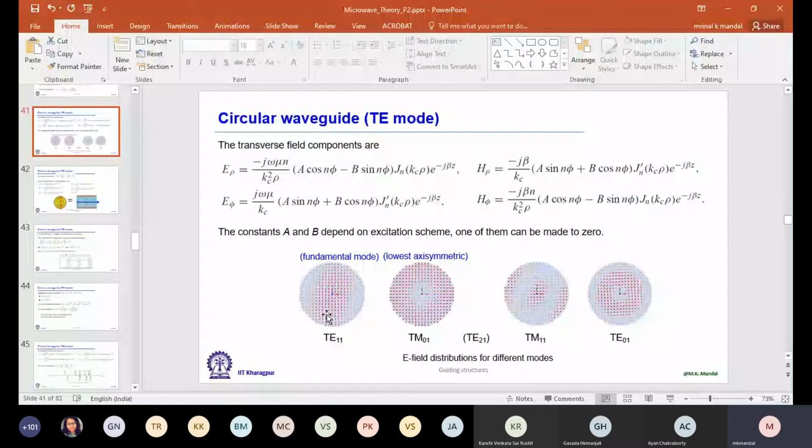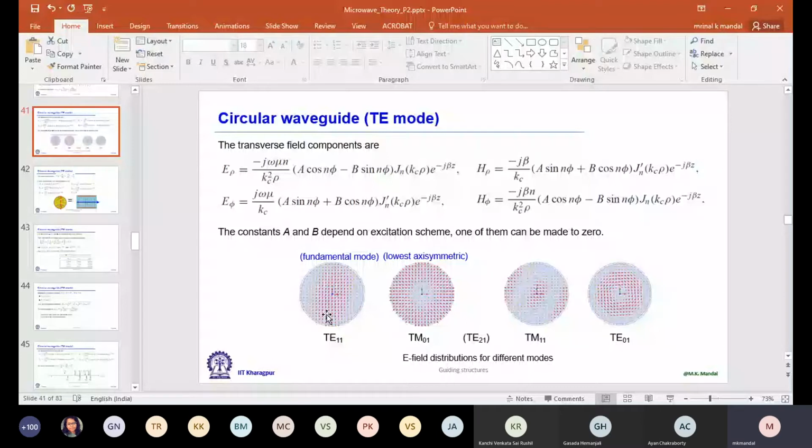Now, if I look at TM01 mode, you see on the metal surface the electric field is perpendicular, as we expect, but it has the highest component, so the corresponding magnetic field is expected to be high. So for TM01, we expect that it will be lossy compared to TE11. Okay, so we have more current generation, induced current on the metal surface. So TM01 is expected to be more lossy than TE11.